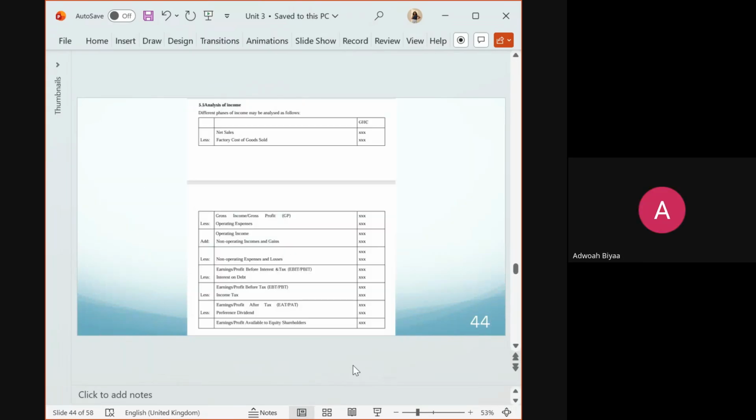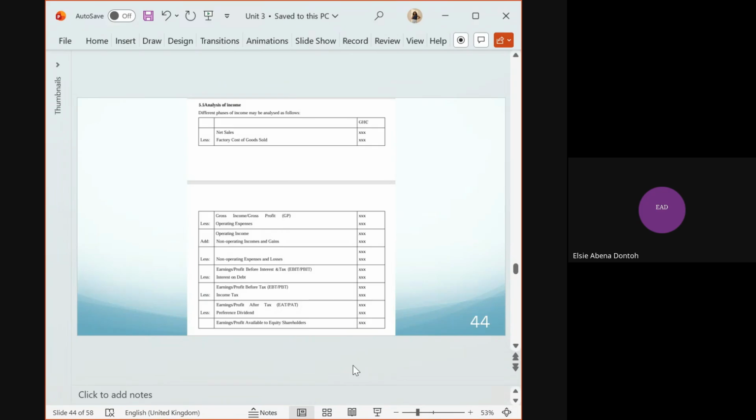So, analysis of income. Different phases of income may be analyzed as follows. Net sales, less cost of goods sold, you get gross income or gross profit. You less operating expenses, you add other operating income, net operating income and gains.